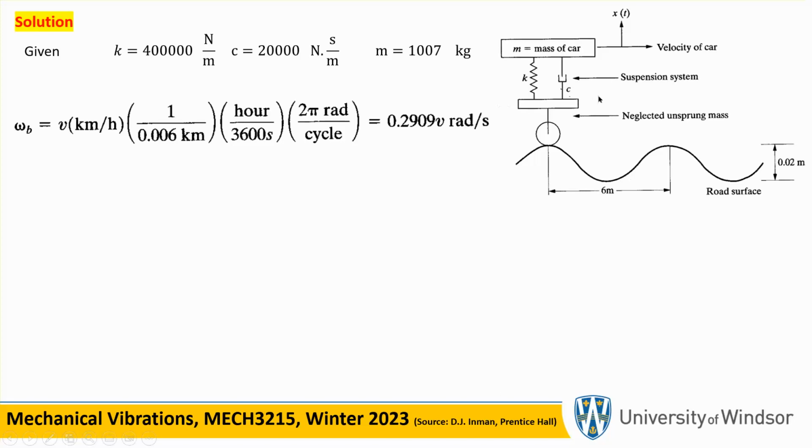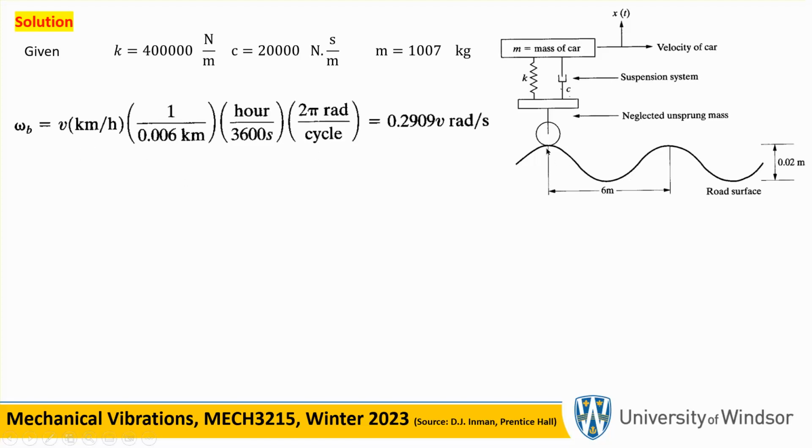If you go over this very slowly, the frequency is very small, or the period is very large. But if the car goes very fast over the road, this wheel or the suspension goes up and down very quickly. So the conversion is very easy.